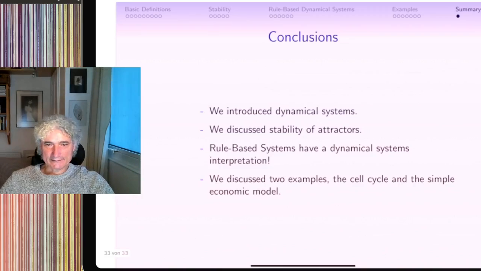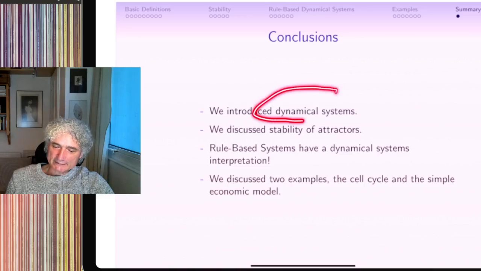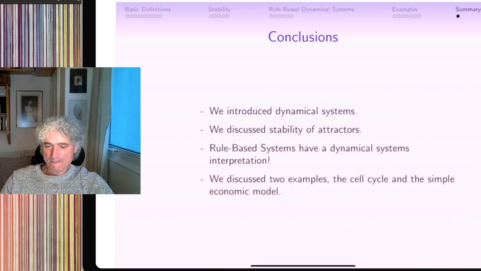So we are at the end of this lecture 11. Let's go to the conclusions. In this lecture we have understood what a dynamical system is. We also gave an introduction to stability and attractors of such dynamical systems. Then we had a very important step for this lecture: an interpretation of rule-based systems as dynamical systems.